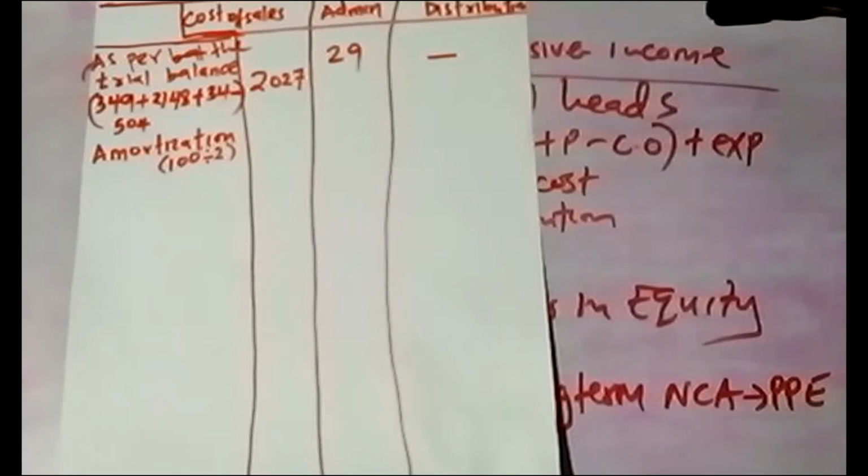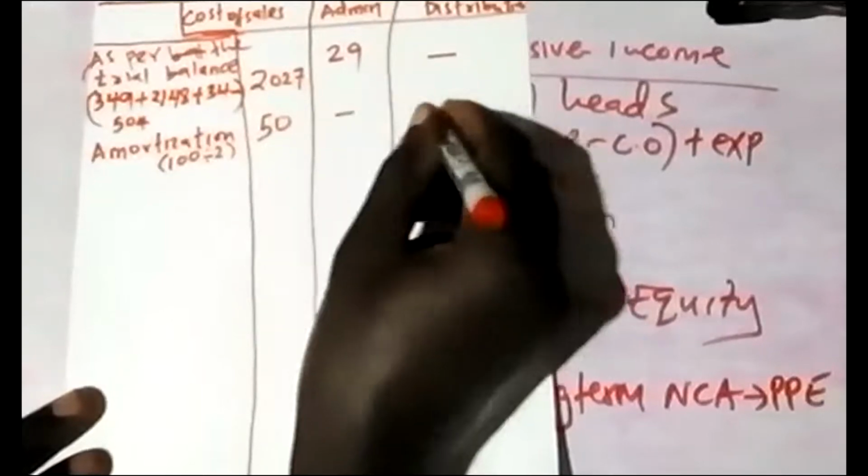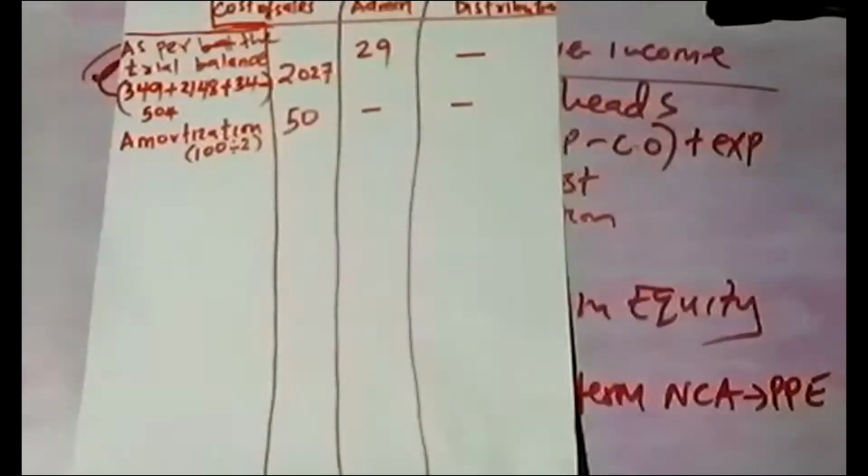So 100 divided by 2, you get 50. They said in note 2, amortization is classified as a cost of sales item. So you classify it as a cost of sales item.